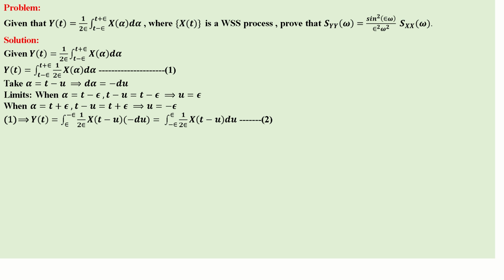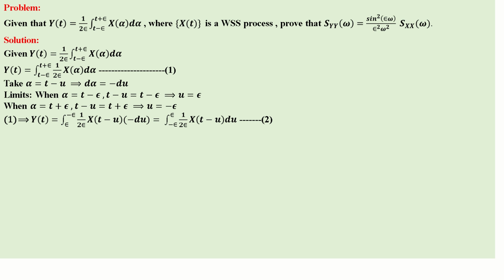We are changing the limits of the integral, so minus becomes plus: ∫ from −ε to +ε of (1/2ε) x(t−u) du. That is equation number 2.